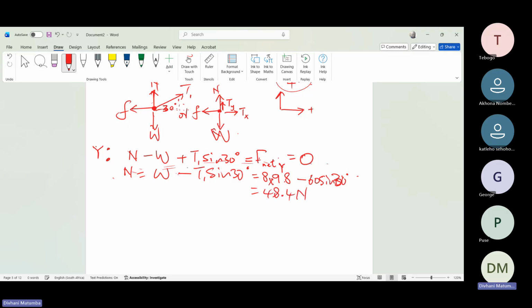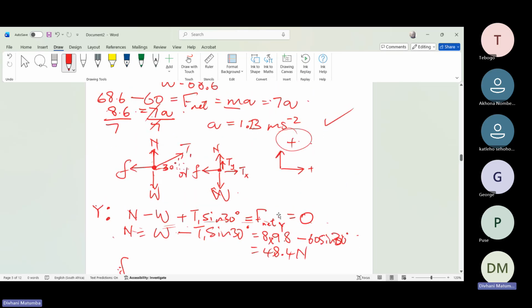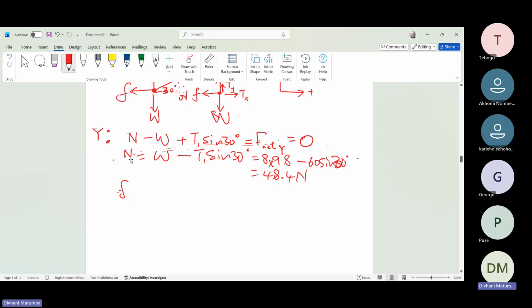48.4 newtons. Okay, so that is the normal force.